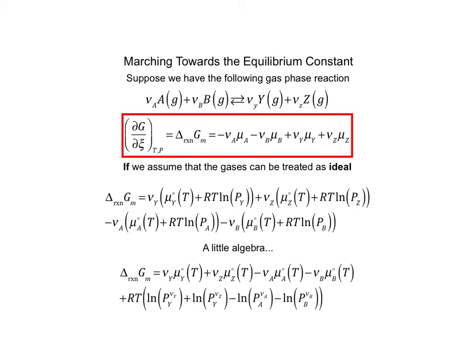Okay, so now if we assume that the gases can be treated as ideal, we can do some algebra and get to this expression, which I'm not convinced is really any simpler. But what we have basically done is we have sorted out our stoichiometry times our chemical potentials and our natural log of pressure terms is really all we have done. Some plugging and chugging and some rearranging.